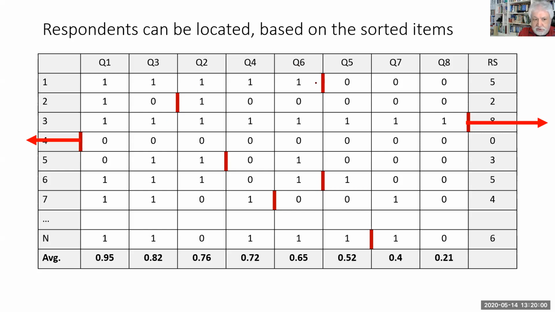And I am putting the same position to both, even though the pattern of response is not the same. What do they have in common? The only thing they have in common here is that the total row score is 5.